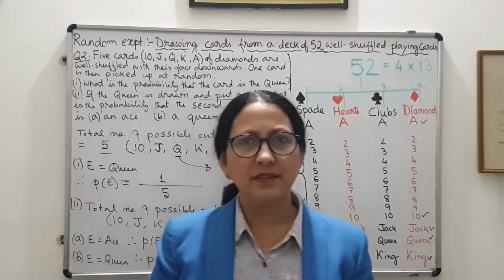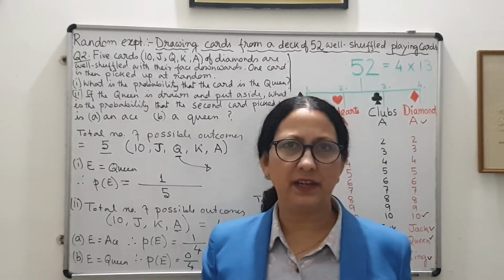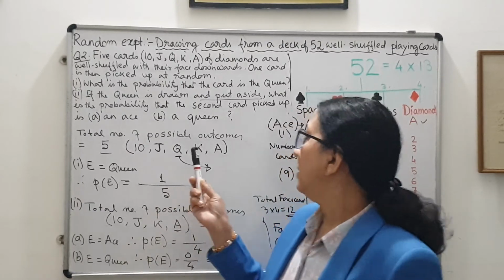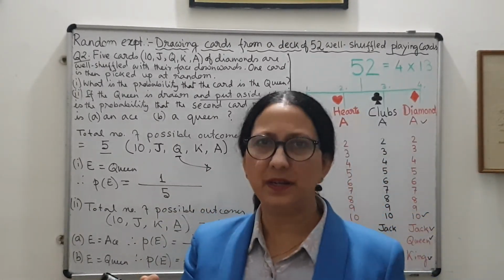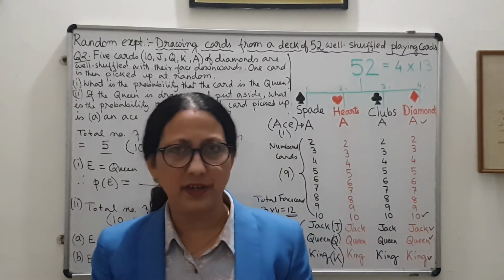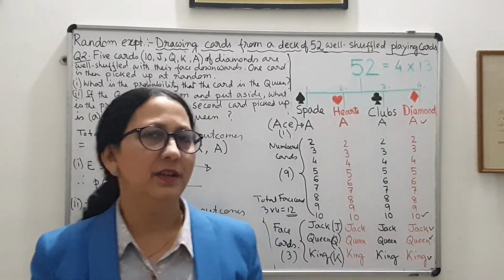If there is replacement, that means you put it back in the deck after drawing, then the total number of possible outcomes will remain the same. But if there is no replacement, the total number of possible outcomes goes on decreasing. So that should be taken into account, so be careful.